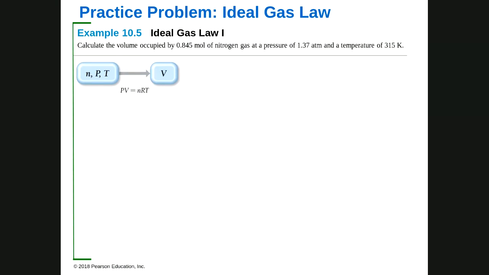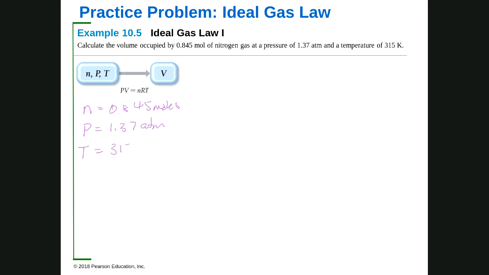Because if I take inventory and I see what I have, that's going to tell me whether I have enough stuff, like more than one V or more than one T, to use the combined gas law, or if I'm going to use the ideal because I only have one of everything. Okay, so I have moles are 0.845. I have a pressure of 1.37 atmospheres, and I have a temperature of 315 Kelvin.